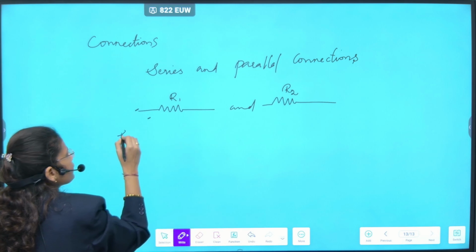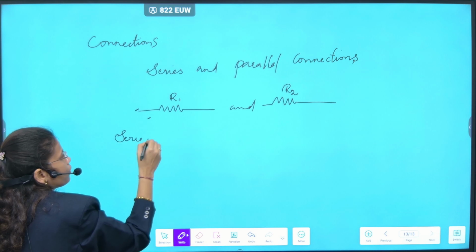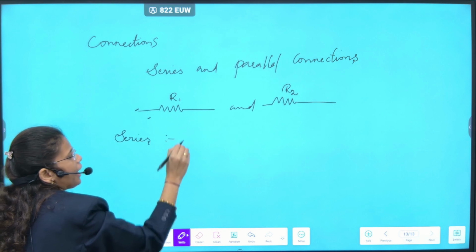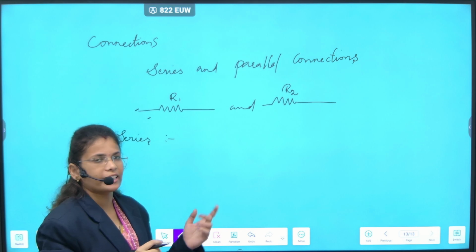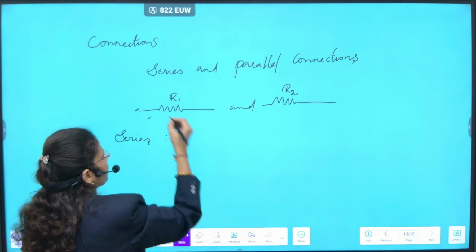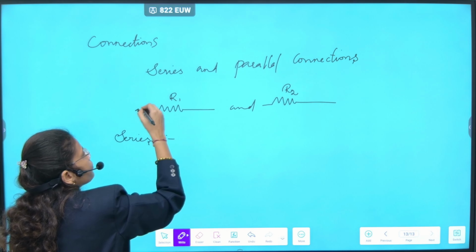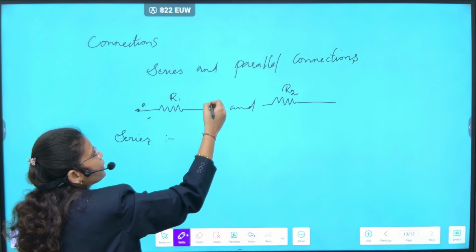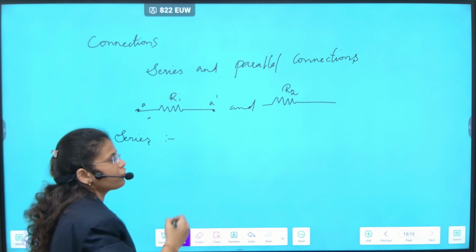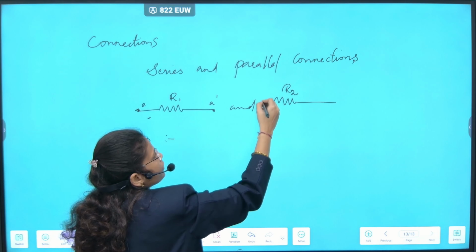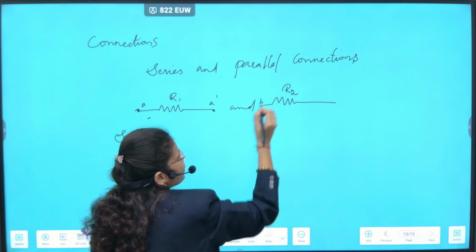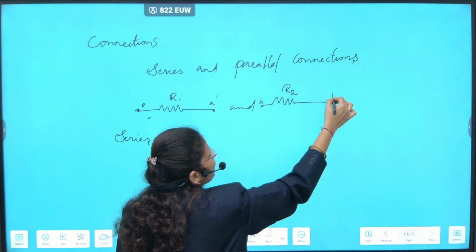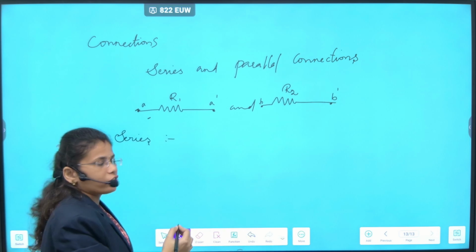In series connection, every element has two terminals, a starting terminal and an ending terminal. The starting terminal of the first element is represented with A, and the ending terminal is represented with A dash. Next, R2 is represented with B; its starting terminal is B and ending terminal is B dash.